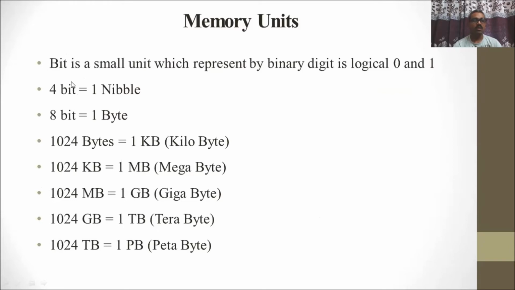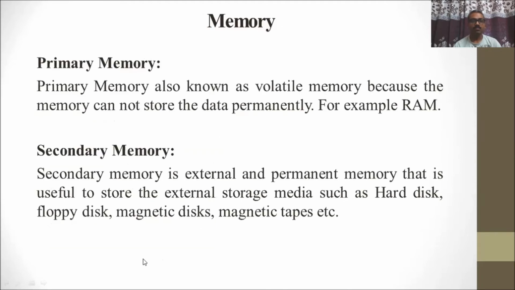The smallest memory unit is a bit, and 4 bits equal 1 nibble, 8 bits equal 1 byte, 1024 bytes equal 1 kilobyte, 1024 kilobytes equal 1 megabyte, 1024 megabytes equal 1 gigabyte, 1024 gigabytes equal 1 terabyte, 1024 terabytes equal 1 petabyte.